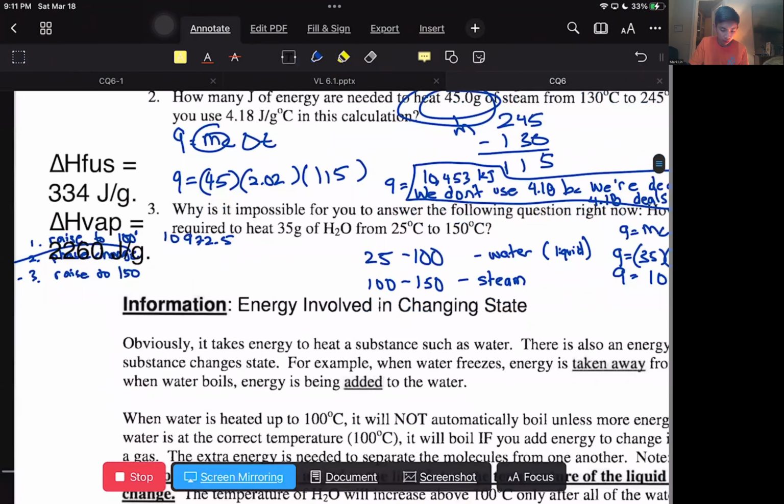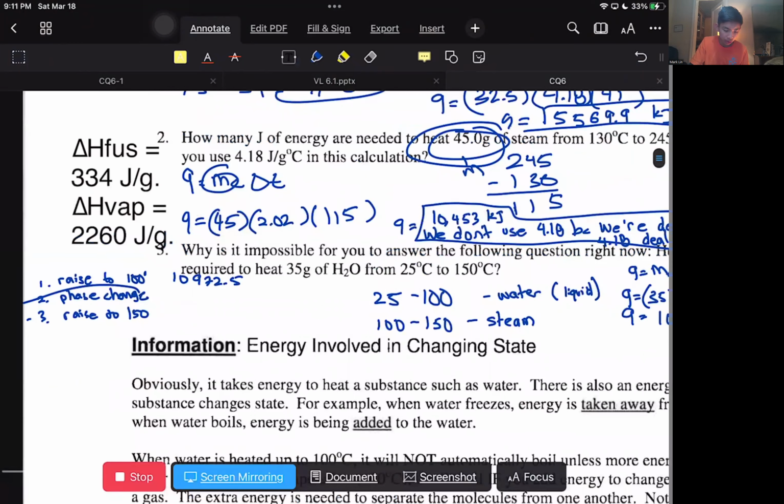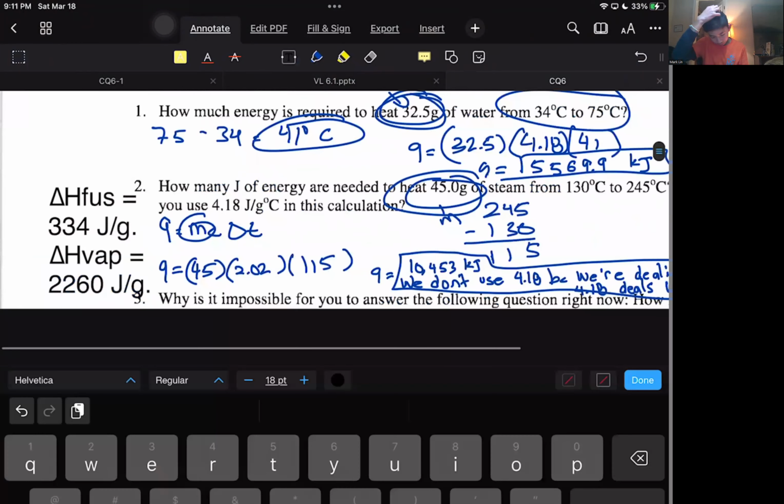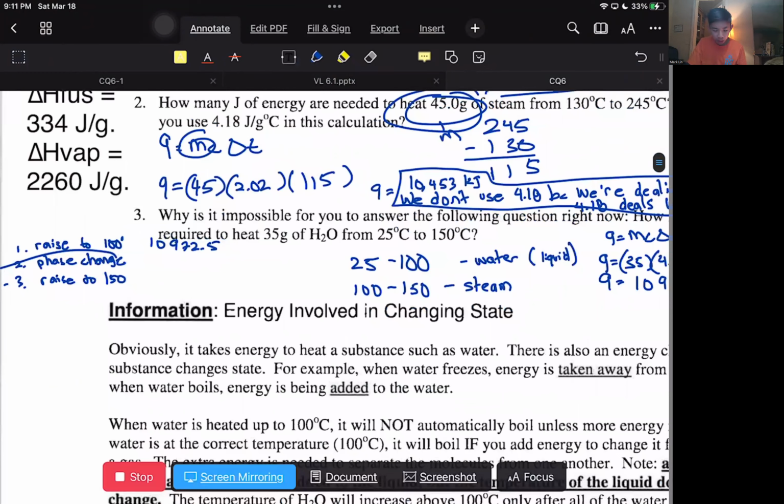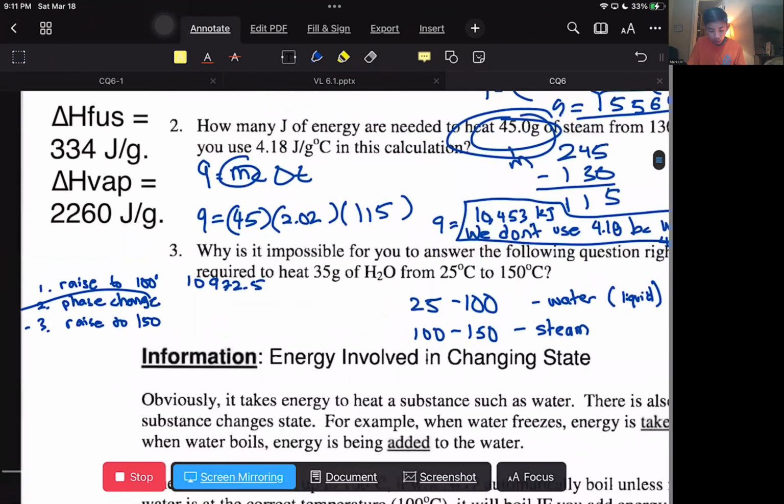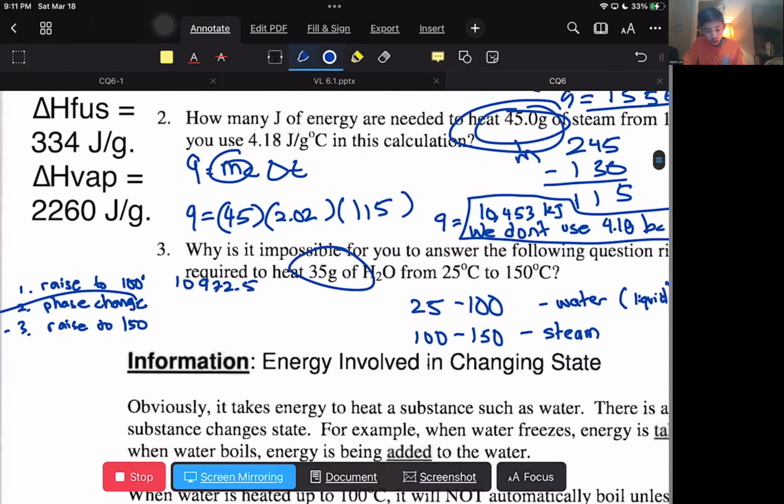All right, here we go. So it's going to be mass times the enthalpy, and it's vaporization because we're trying to vaporize the water.